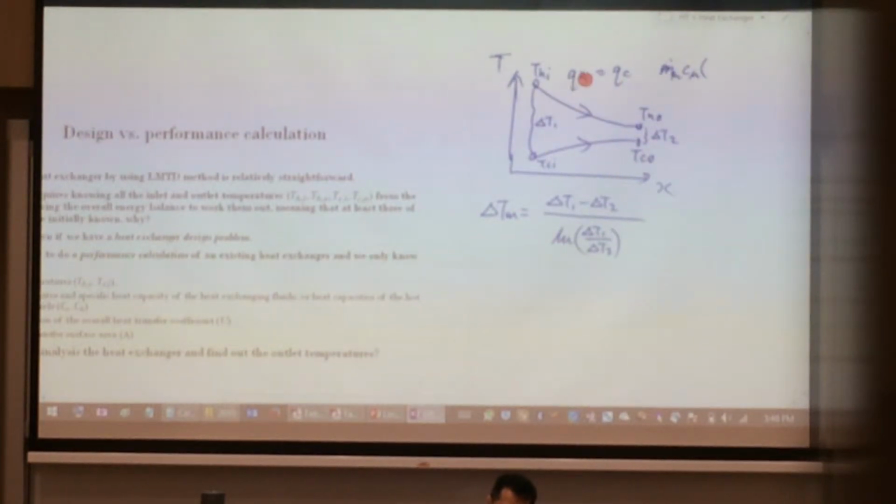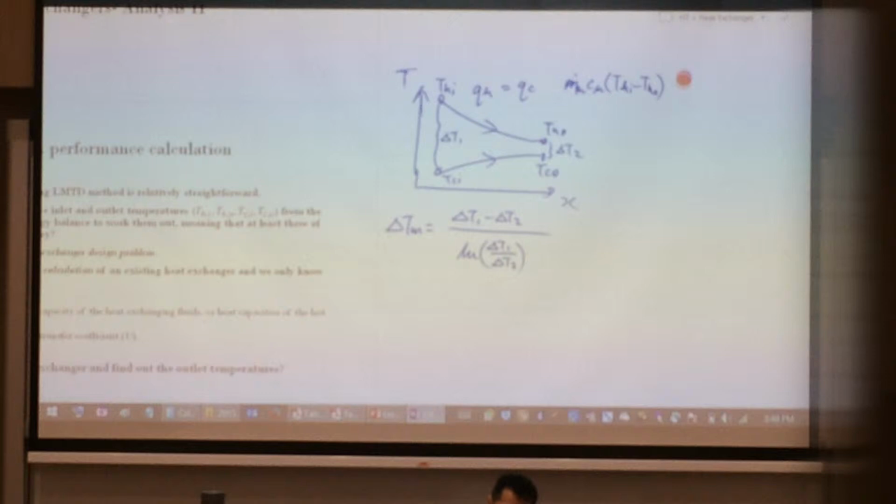So because Qh is equal to Qc, that means this would be equal to m dot Cc, Tco minus Tci. So if you are given any three temperatures and all the rest of your m dot and your c's, any three temperatures and all the rest of this, you can find out the remaining temperature.